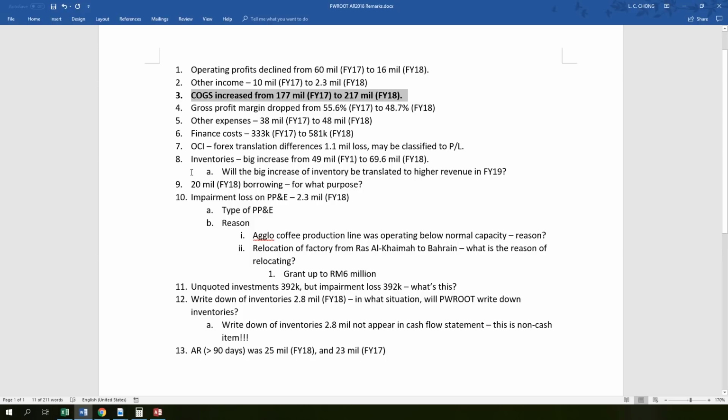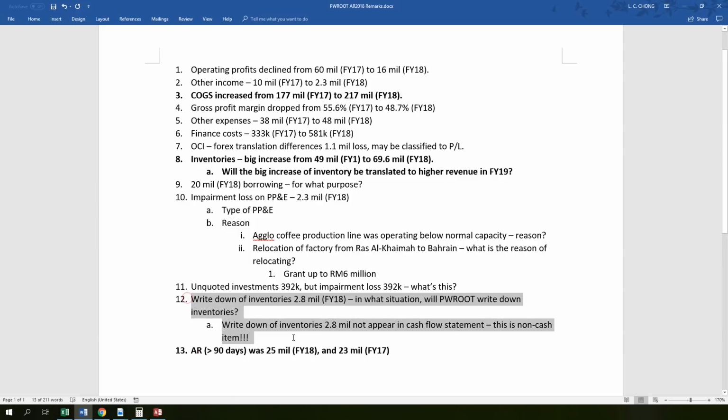High level of inventory. AR aging. And also the write down. That's all. I will go through this annual report again. I may miss out something.